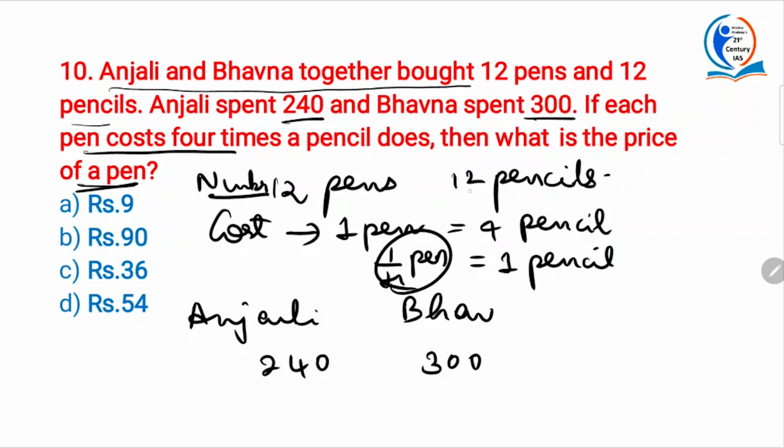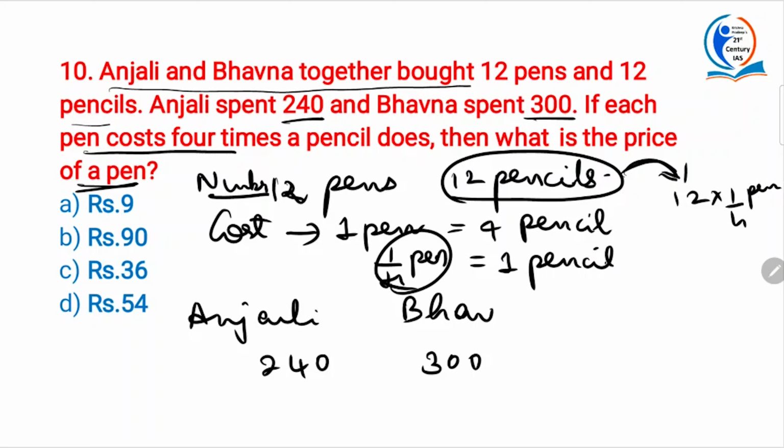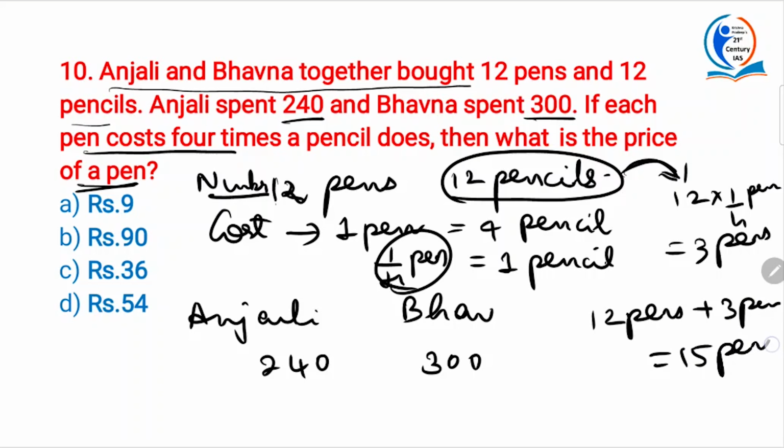If 12 pencils are bought, how many pens can be bought for the same amount? Substituting, 12 into 1/4 of a pen is 3 pens. So 12 pens plus 12 pencils can be written as 12 pens plus 3 pens, that is 15 pens.